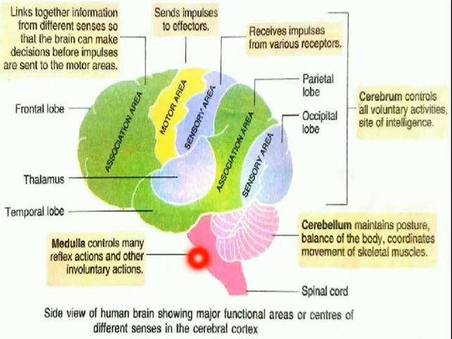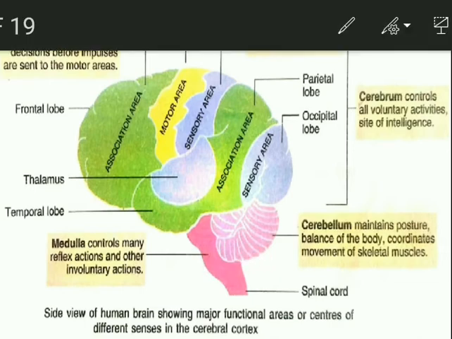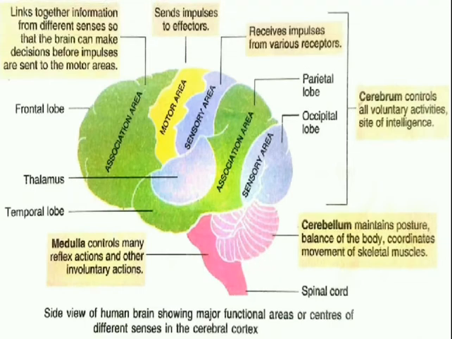Then this portion is the medulla, which controls many reflexes and involuntary actions of the body, as you have read in the previous slide. It controls vomiting, blood pressure, salivation, etc. And then it continues as the spinal cord, which runs in the vertebral column.